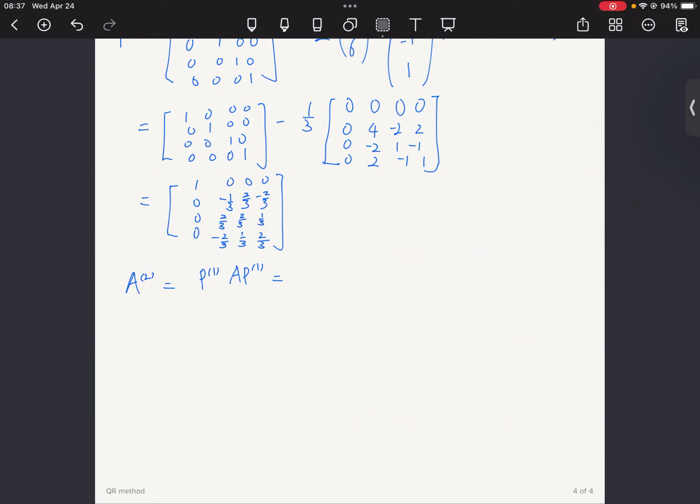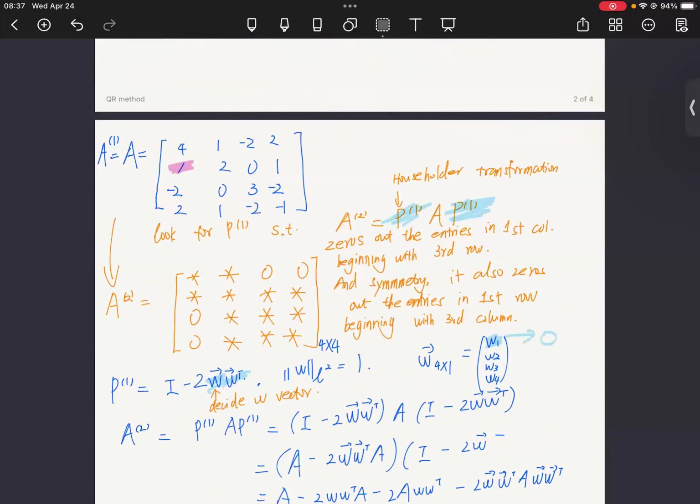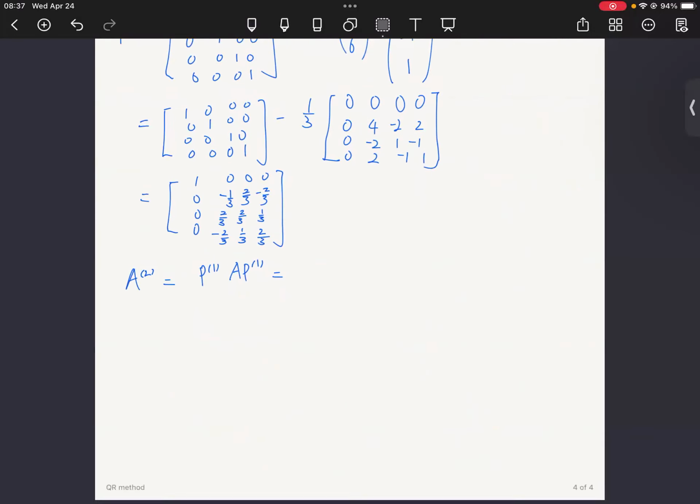But because the Householder transformation is symmetric, we can write the similarity transformation in this way: just P1 times A times P1. We have already got P1, and you also have A. Let's also copy down A here, and compare what we have for A and A2, and you will immediately see the difference.